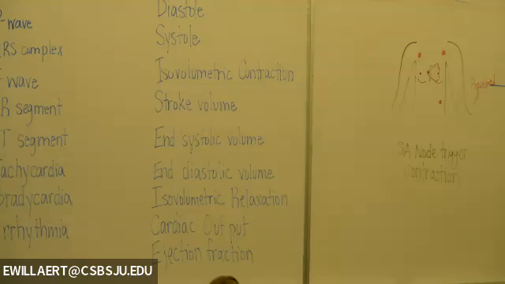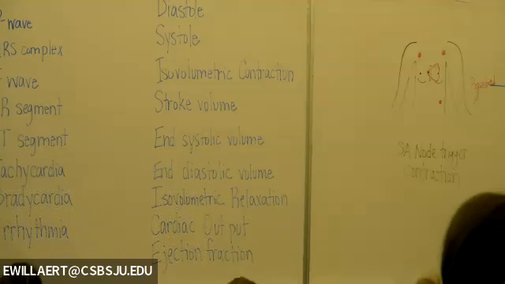What has more muscle mass, the ventricles or the atria? Ventricles, okay? So if the ventricles are contracting, what's the atria probably doing? Relaxing, okay? And we just said the ventricles have a bigger muscle mass. So where do you think atrial repolarization is happening?